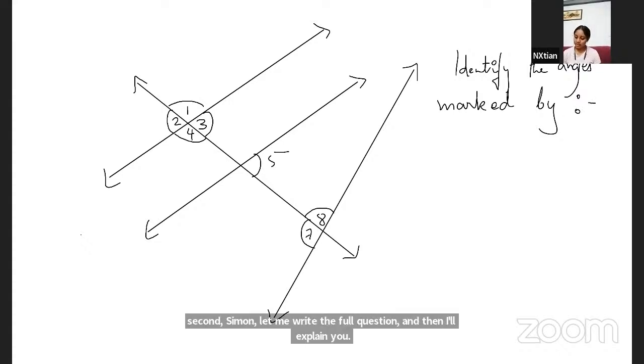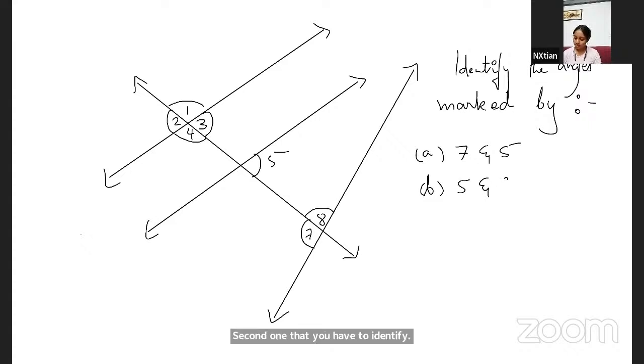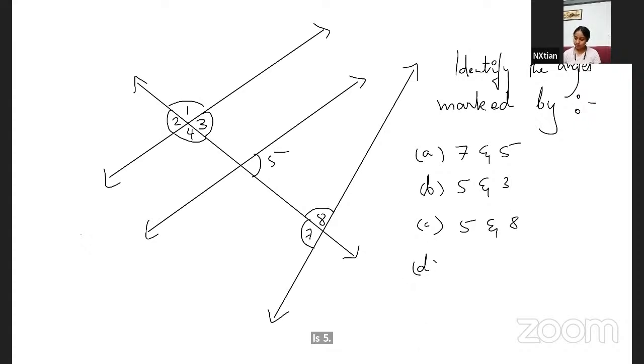First one is 7 and 5. Second one that you have to identify is 5 and 3. Third one is 5 and 8. And fourth one is 2 and 3.